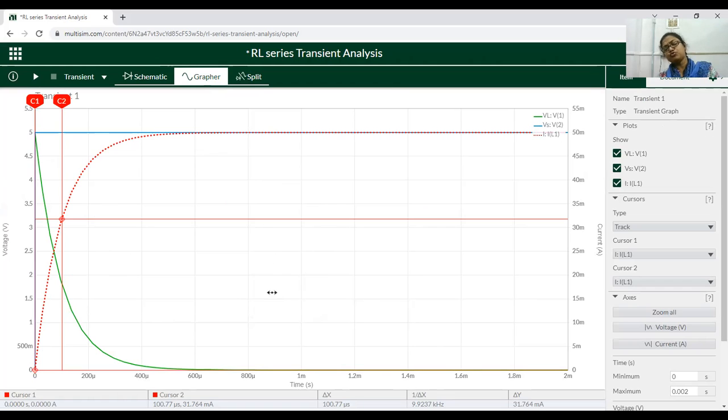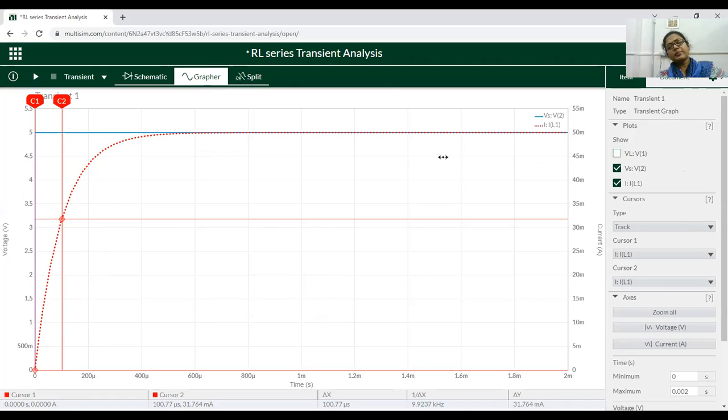Now we can choose either the voltage graph or the current curve for finding the time constant. Suppose I choose the current curve. So I'll remove this voltage curve. Now only one blue line remains, representing the input voltage, and this is the current curve flowing through the inductor.